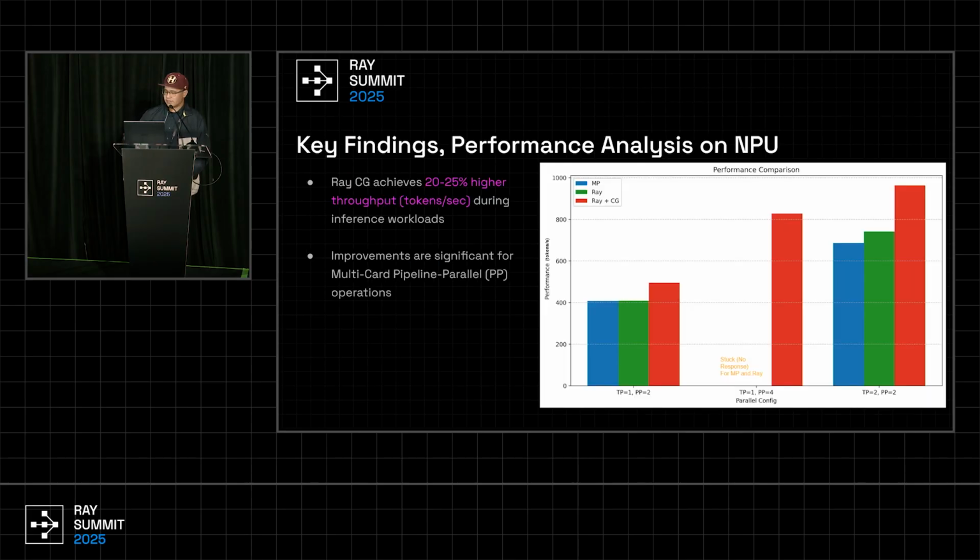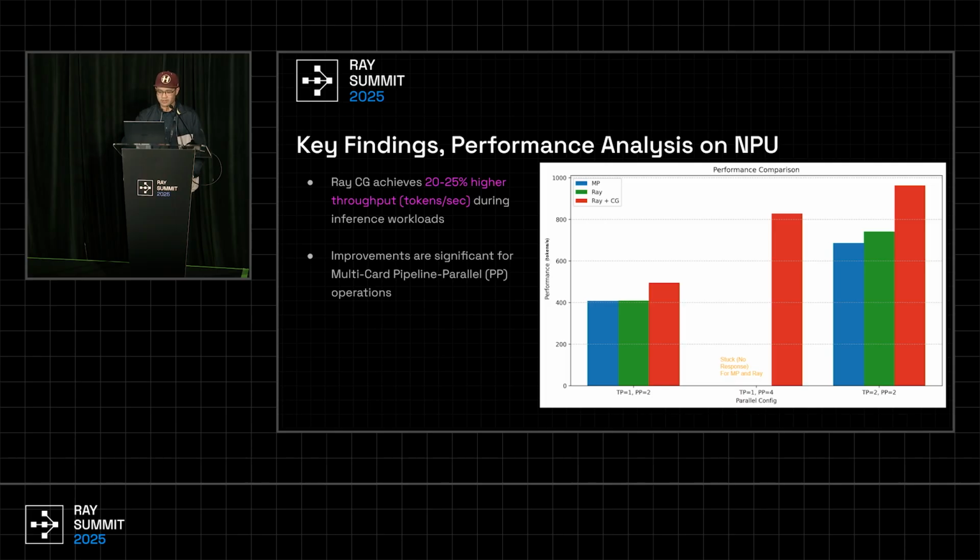And overall, in our benchmarking, we deployed vLLM on our Ascend accelerators, and we measured token throughput. For the baseline, we compared it against Ray plus multi-process backends. And the red bar shows with the compiled graph backend, we achieve a 20 to 25% higher throughput in inference workloads.